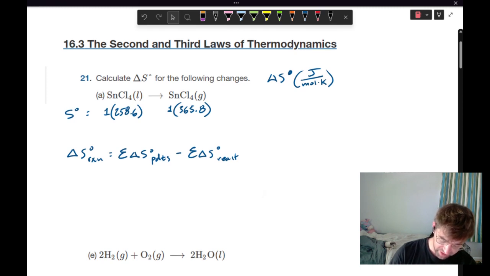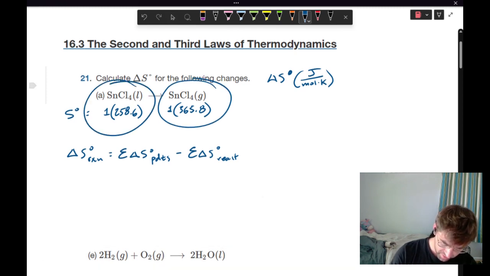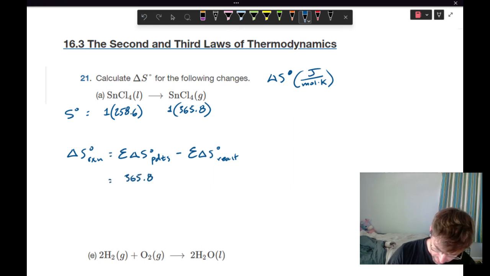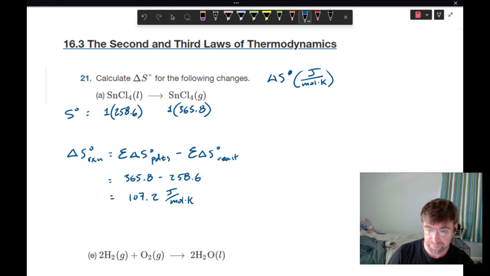So for this particular reaction, we have products minus reactants. 365.8 minus 258.6. Plug that into your calculator. You should get 107.2, and this is in joules per mole Kelvin.